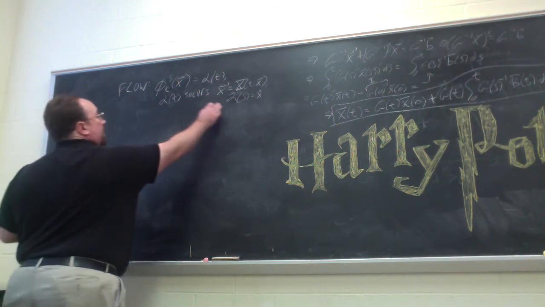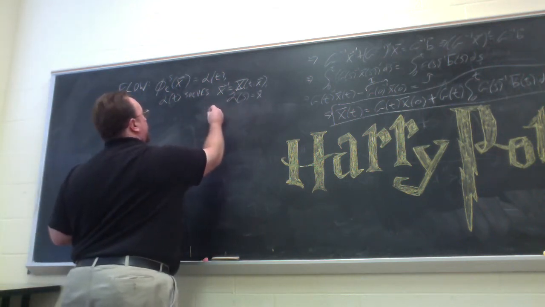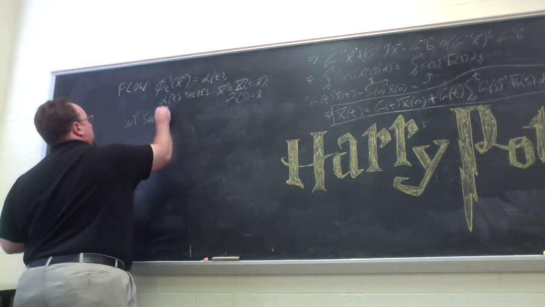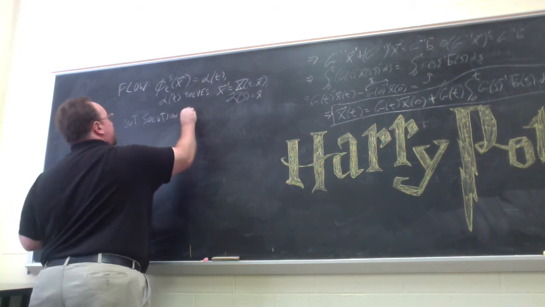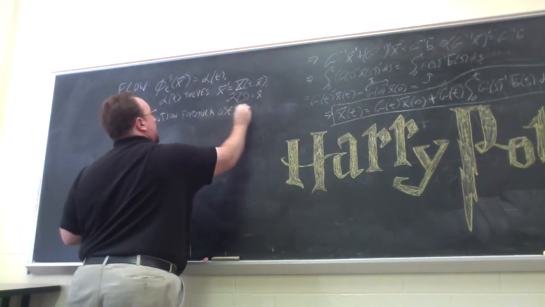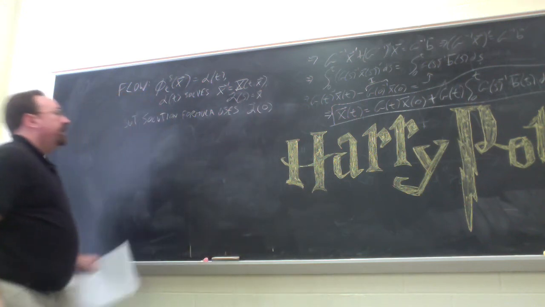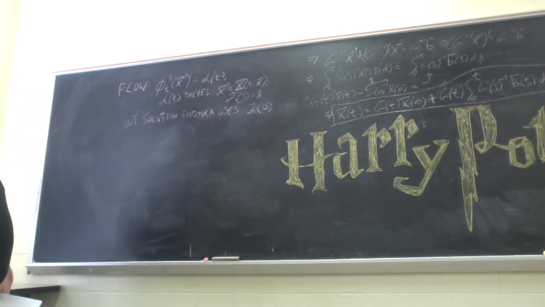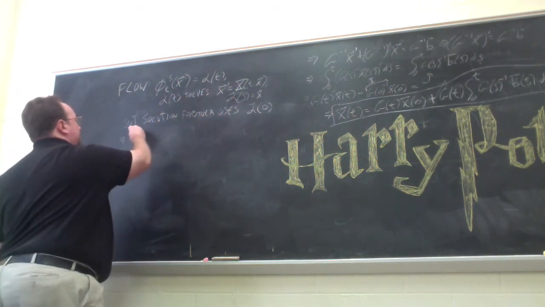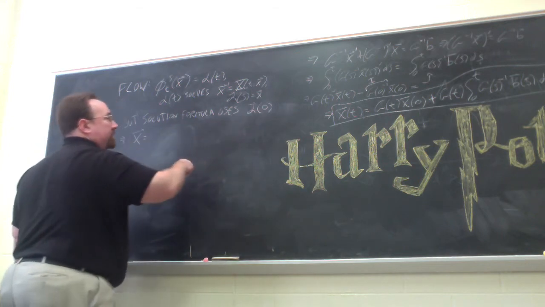Okay. So the thing is, if alpha of s is equal to x, then our solution formula uses alpha of 0. So here's what we can do. I can use that solution formula with time s instead of time t.